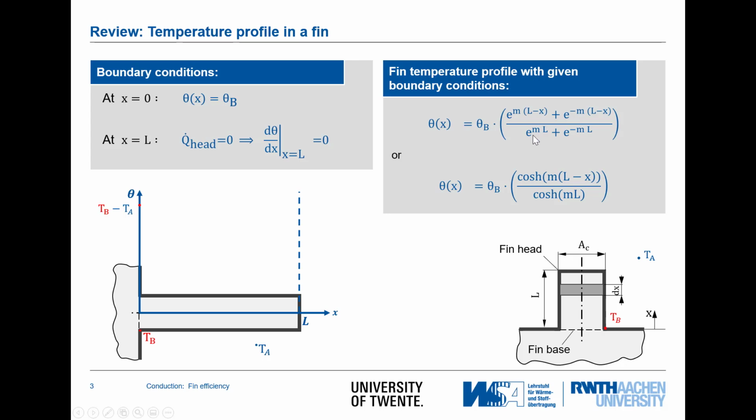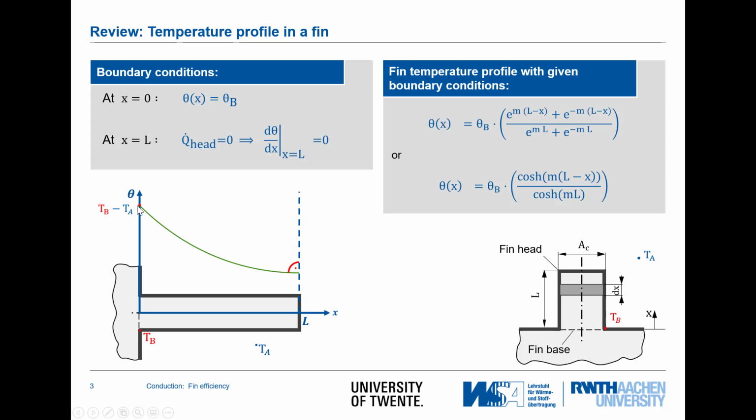These exponential functions can also be rewritten in terms of a cosine hyperbolicus function, where we have a cosine hyperbolicus function on the top and a cosine hyperbolicus function on the bottom. I will go more into detail on this parameter m in the next slide, but we remember this is a fin parameter.